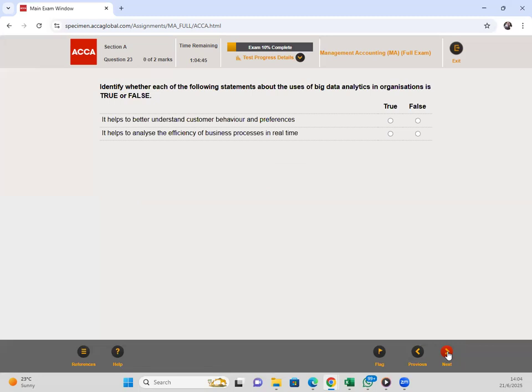Identify whether each of the following statements about the use of big data analytics is true or false. Do you know about big data? Big data and big data analytics.